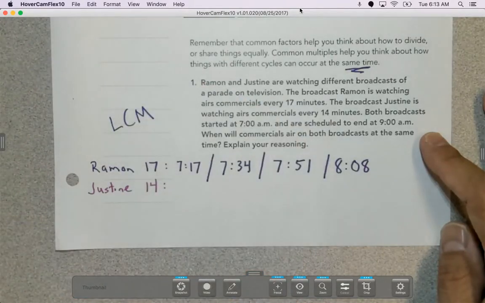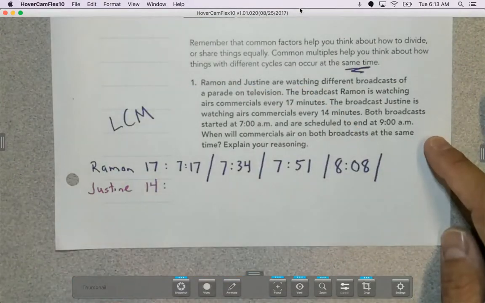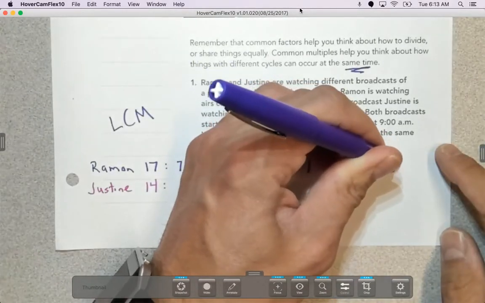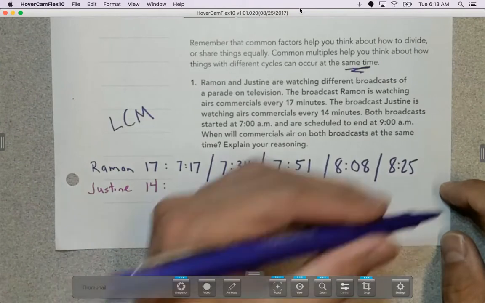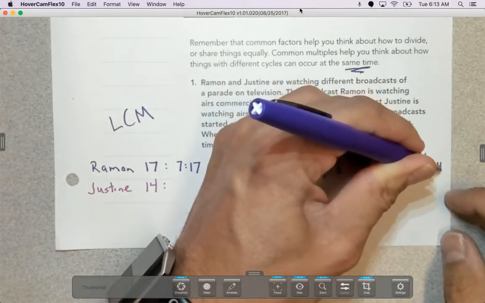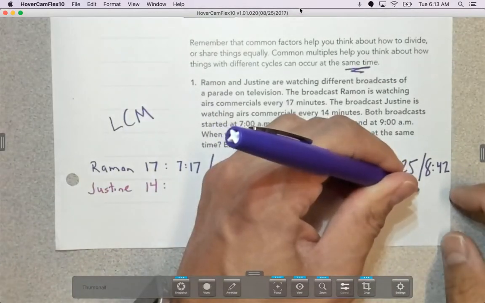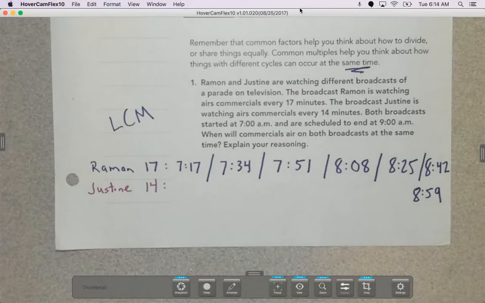Then we would have 8:18, 8:25, 8:35, 8:45, 8:42, 8:52, 9:02, 8:59. It's the last time there. If I've done this correctly, which I might not have.